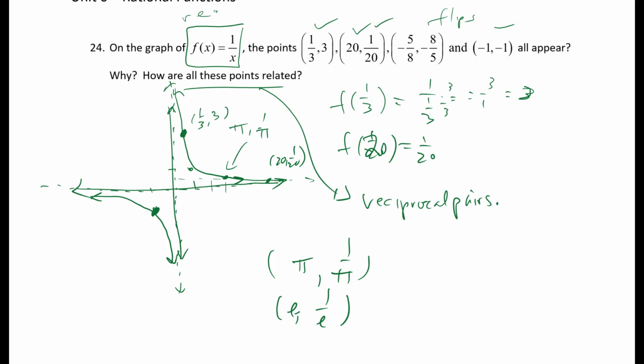A little review for exponentials, but e is like that 2.71..., and 1 over that is some number. Well, you'd find that on this graph as well. That'd be like right there. That'd be e, 1 over e. So that's what this reciprocal function means. Any possible reciprocal you could ever think of has to appear on this graph somewhere. And that's what this graph is doing for you.